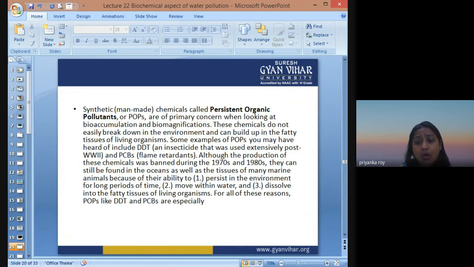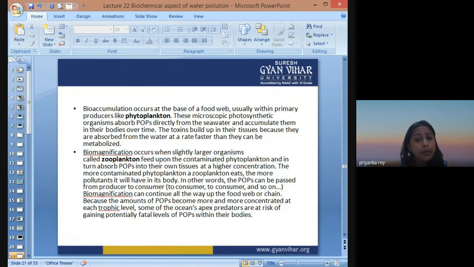So for all of these reasons, POPs like DDT and PCBs and other chemical elements are especially the pollutants which cause bioaccumulation and biomagnification in organisms.